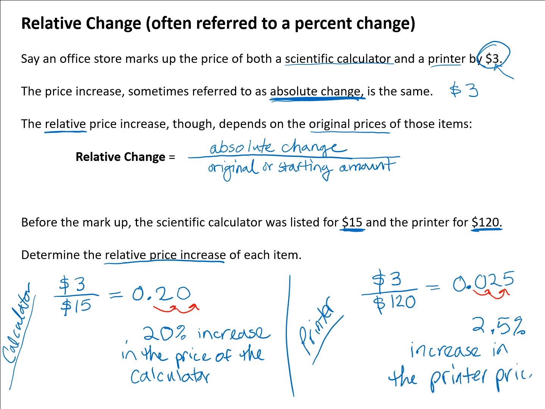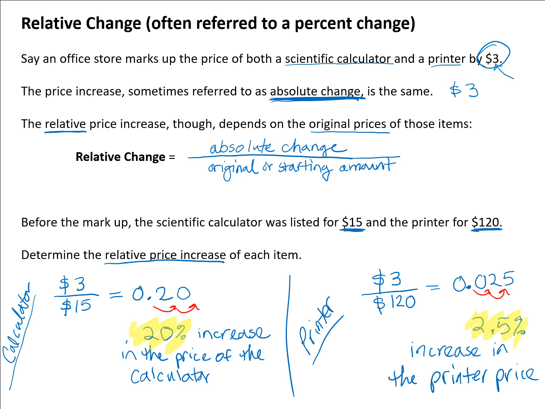So even though both of these items were increased by $3, when we think about that related to the original price, that is a much bigger increase in terms of a percent, based on the original price for the calculator compared to a relative increase for the printer of 2.5%.